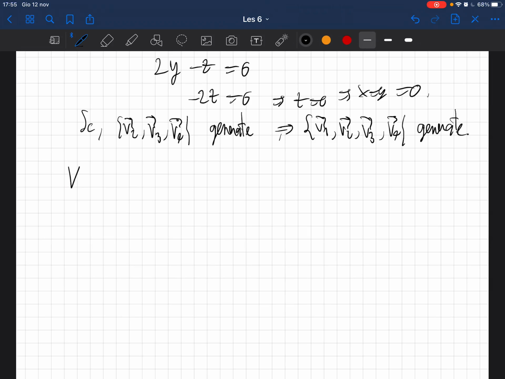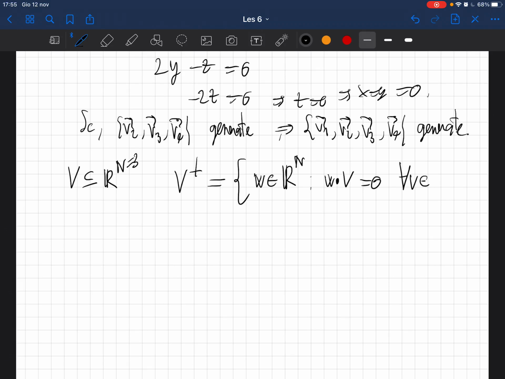If you have a subspace V in, let's say, Rn, if you want to take n equal to 3, it's fine. Then you can consider its orthogonal, which is defined as the vectors W in R3, Rn, such that the scalar product with v is equal to 0 for all v in V.